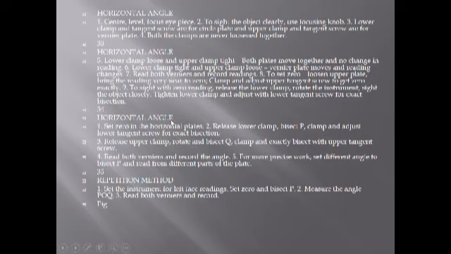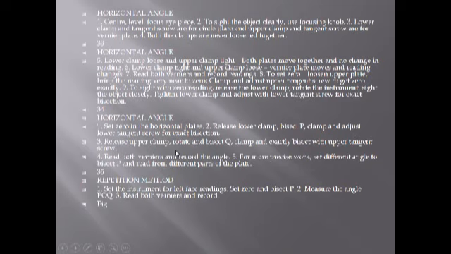First we set zero on the horizontal plate, release the lower clamp, bisect P, clamp, and adjust the lower tangent screw for exact bisection. Release the upper clamp, rotate and bisect Q, clamp, and exactly bisect with the upper tangent screw. Read both verniers and record the angle.